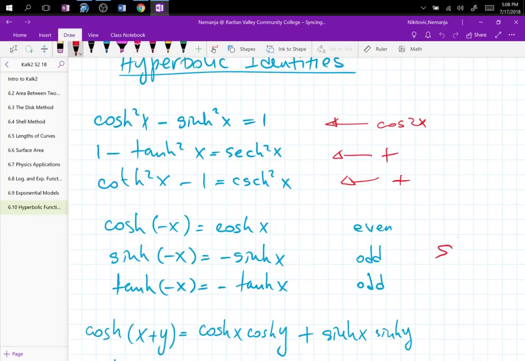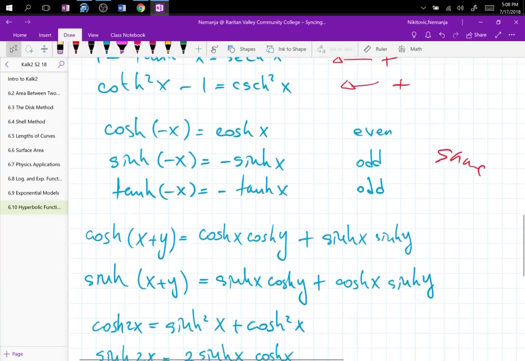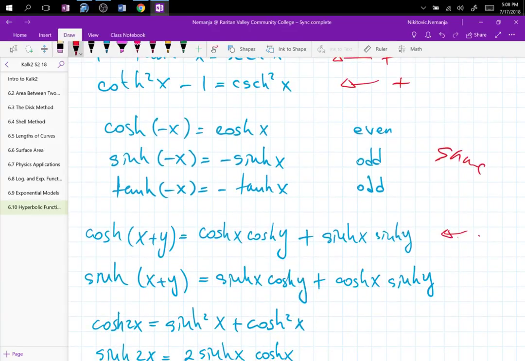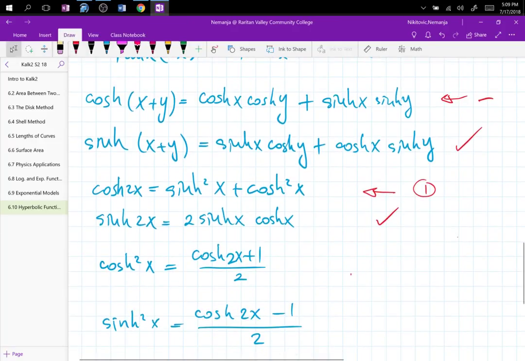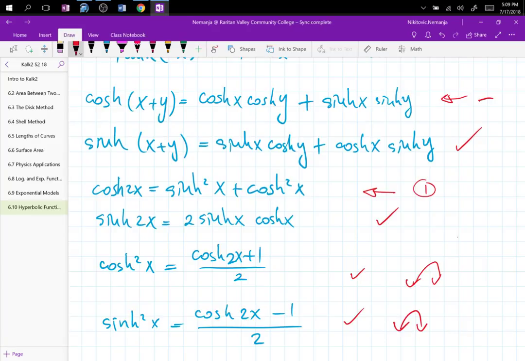These are the same. This one should have a minus instead of a plus. This is the same. And then this one should be swapped with number 1. And then these two are the same. You just need to swap the terms in the numerator. And that's that. As you can see, the majority of the formulas are the same, except now using hyperbolic.